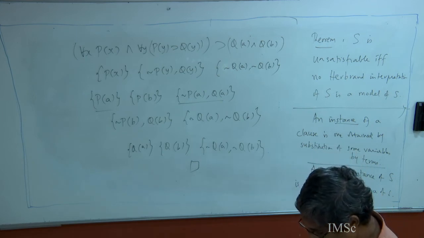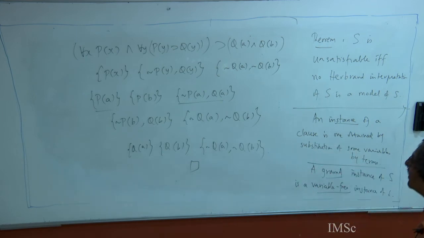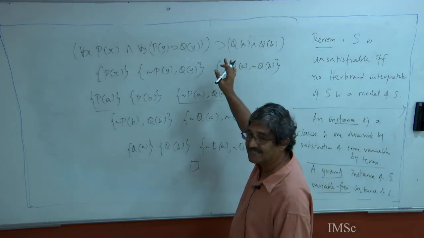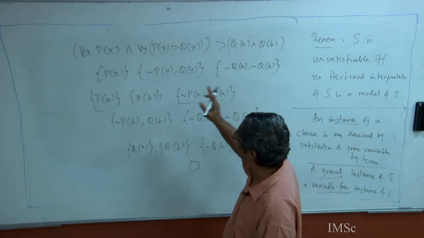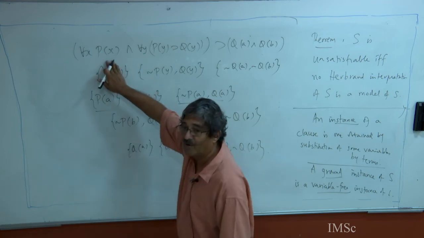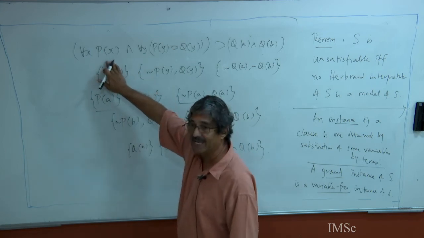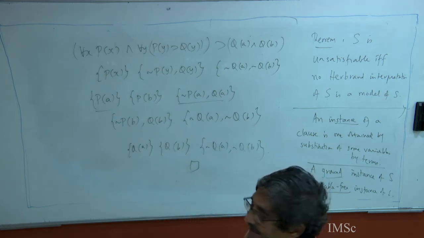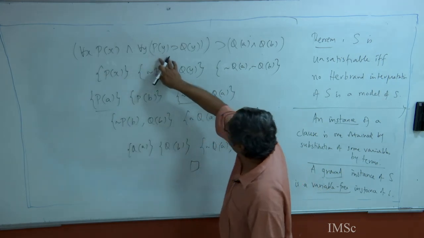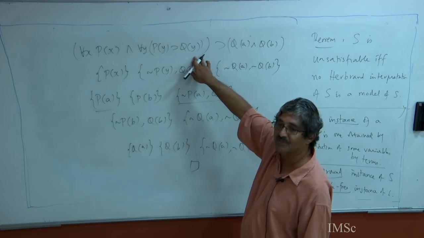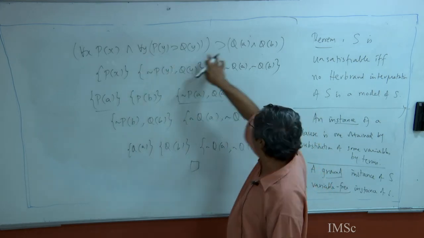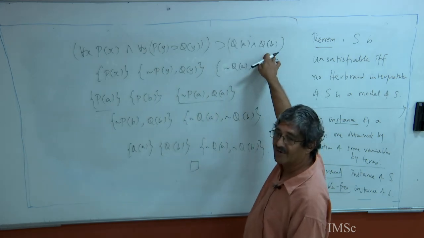And in the Hilbert style system, this is really how we proceed, right? From for all x Px, we infer Pa and Pb. Pa and for all y, Py implies Qy gives you Qa. Pb and this together gives you Qb, therefore we infer Qa and Qb.